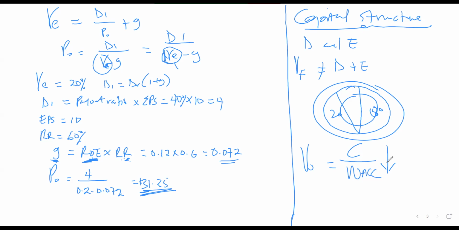So that reduction will exactly be offset by an increase in cost of equity because equity holders will require additional return. So it will be the same. So if it's the same, then it means that the value of the firm will not change. It will also remain the same.